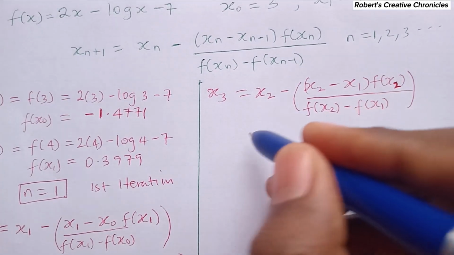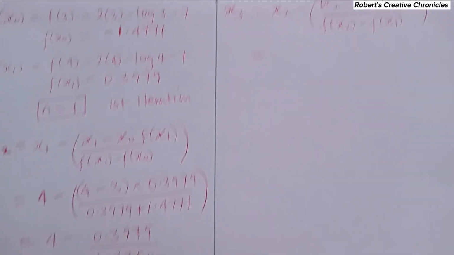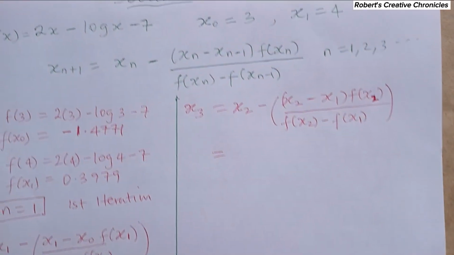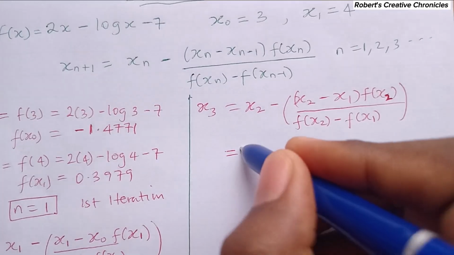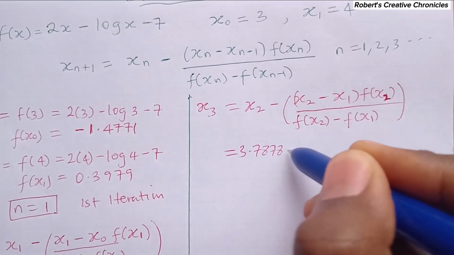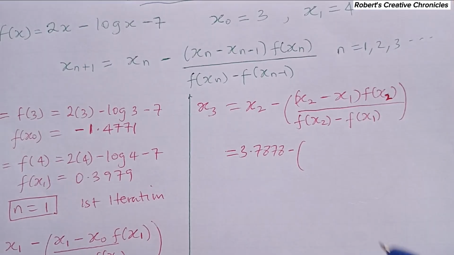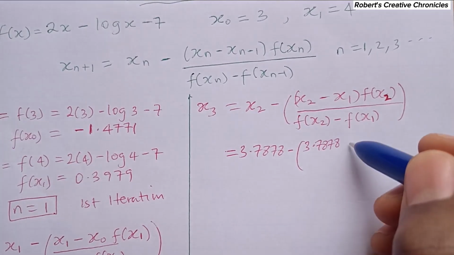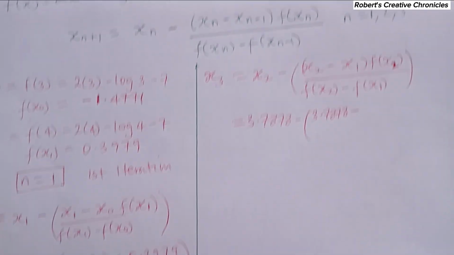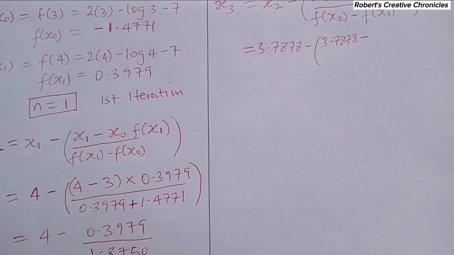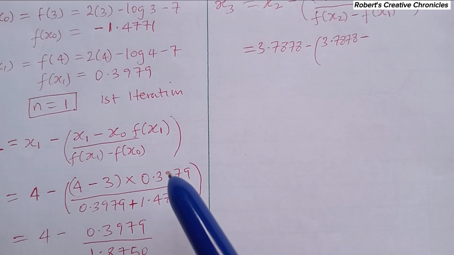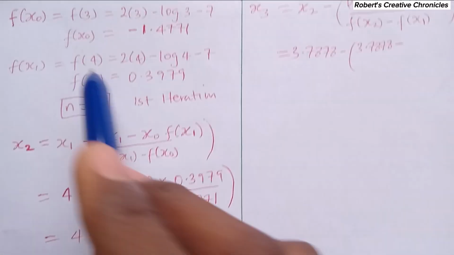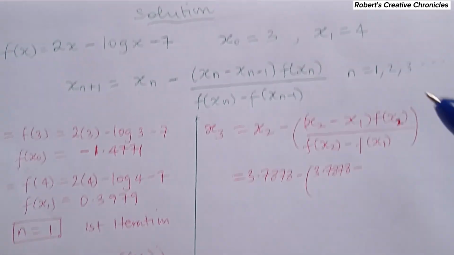So now let's substitute this. x2 is what? x2 is 3.7878. So this is 3.7878 minus x2, which is 3.7878. x1 is what? x1 is 4. Yeah, from the equation, x1 is 4.